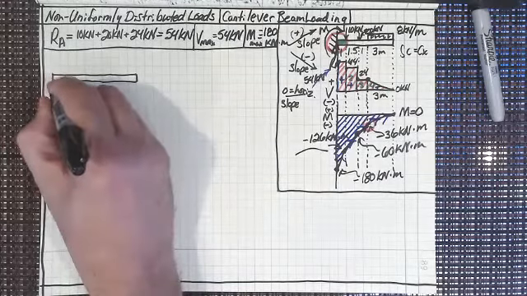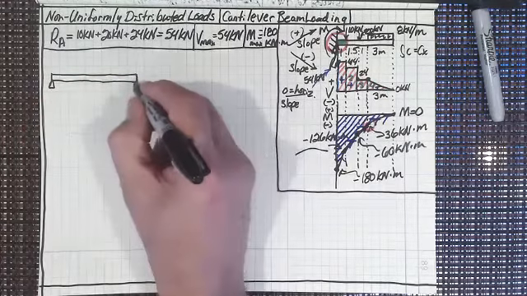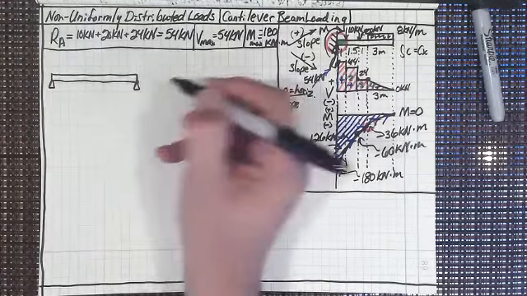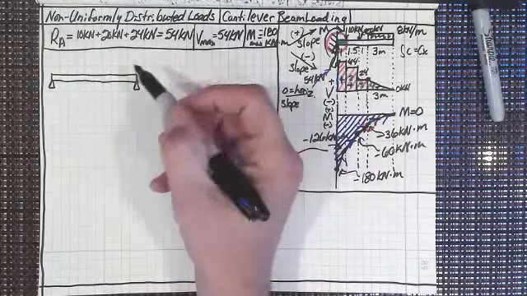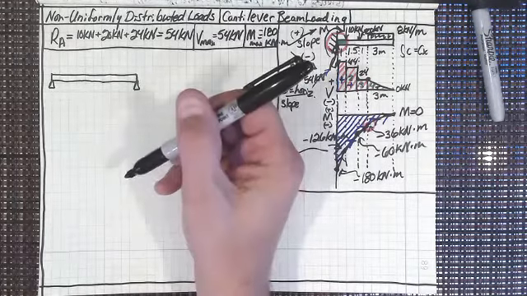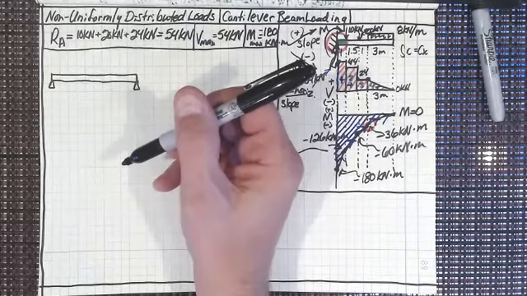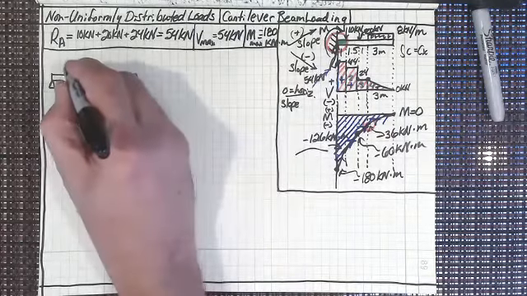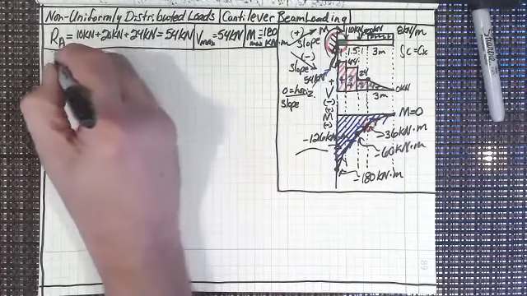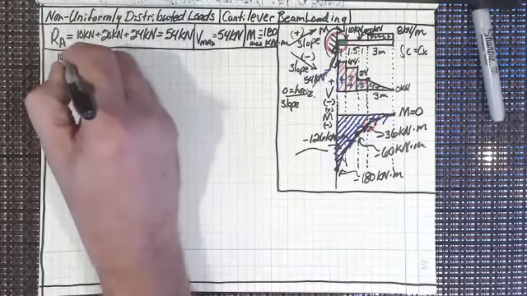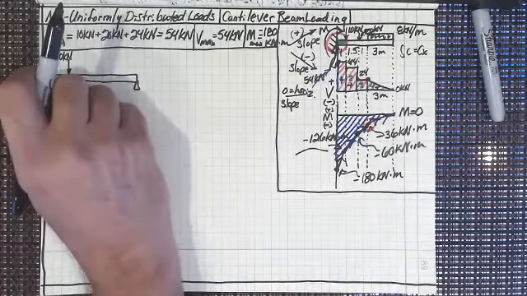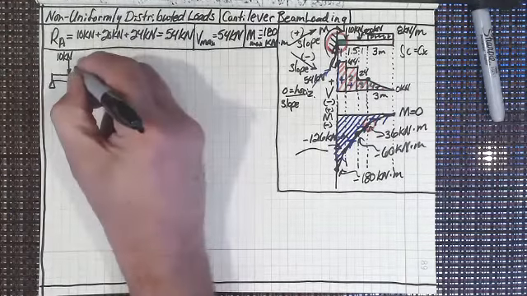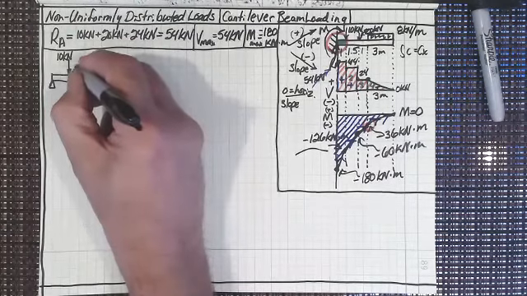I'm going to try to make the loading more difficult. This is going to have a non-uniform distributed loading in it. So let me give you a couple of the distances and stuff that we've got here. So at 2 meters, I'm going to have a 10 kilonewton force. We're all familiar with that. And then 1 meter later, I'm going to start a distributed load.